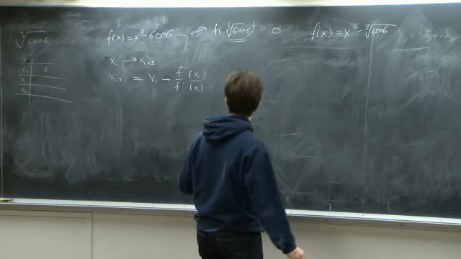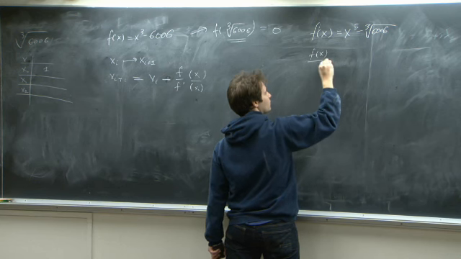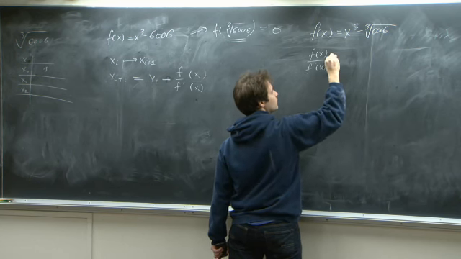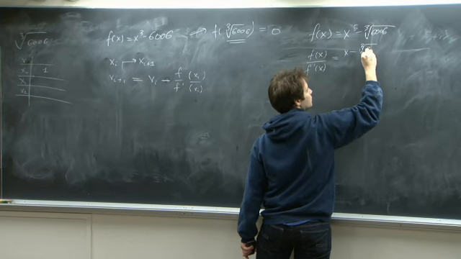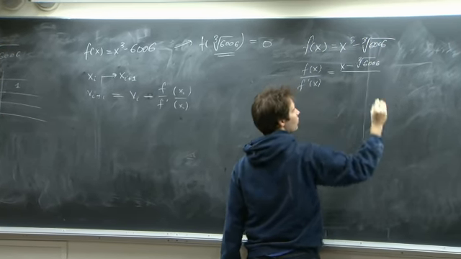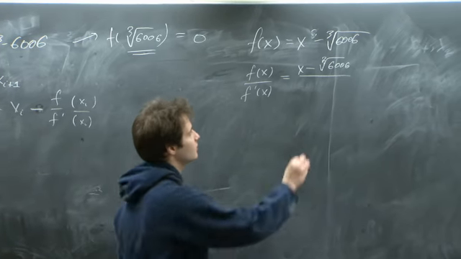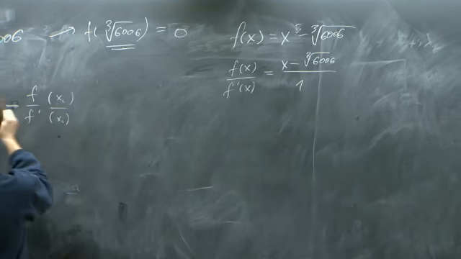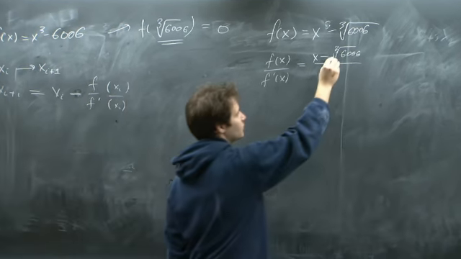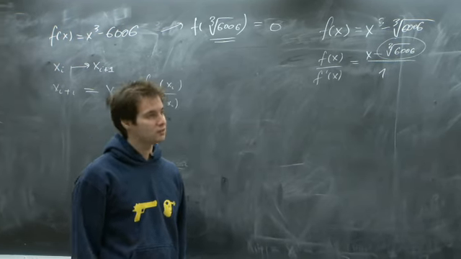If I'm trying to compute the successive approximations, f of x over f prime of x is x minus the cube root of 6 over, what's the derivative of this? 1. So I haven't done anything, right? In order to compute the successive approximation, I have to know this number. So this doesn't get me anywhere. That's why it's a bad function.